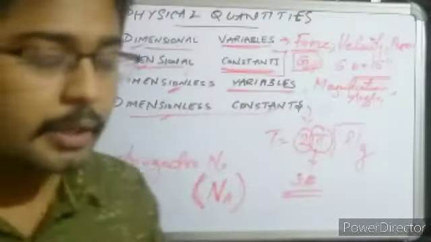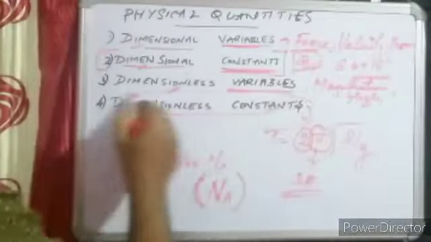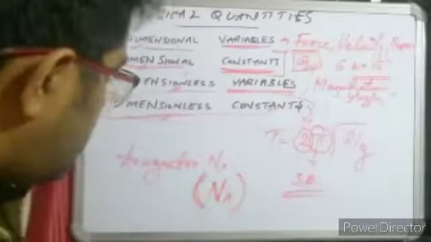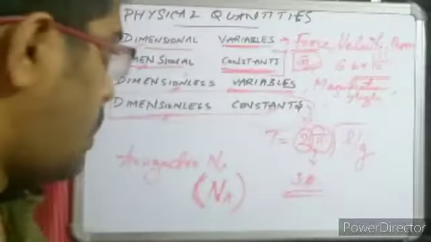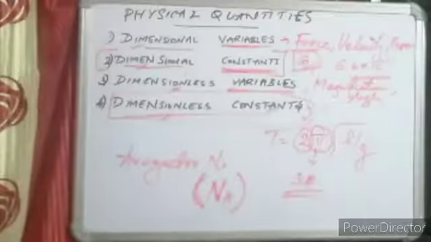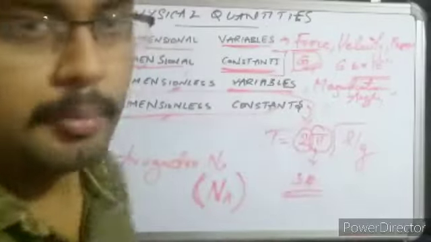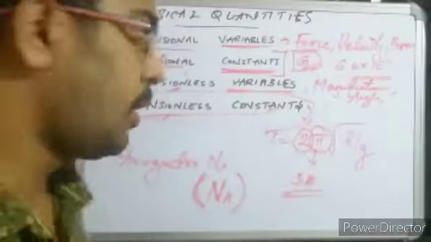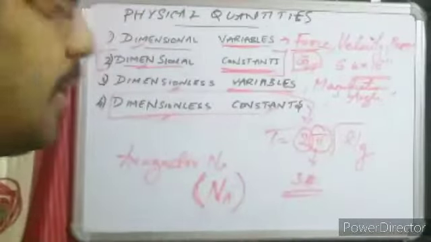Your Avogadro number can be classified under dimensionless constant. Does it have any dimension? Because it is the number of molecules per mole. Being a number, it's dimensionless. The value is a constant. I don't know the value exactly, but you have studied it, it's a constant.